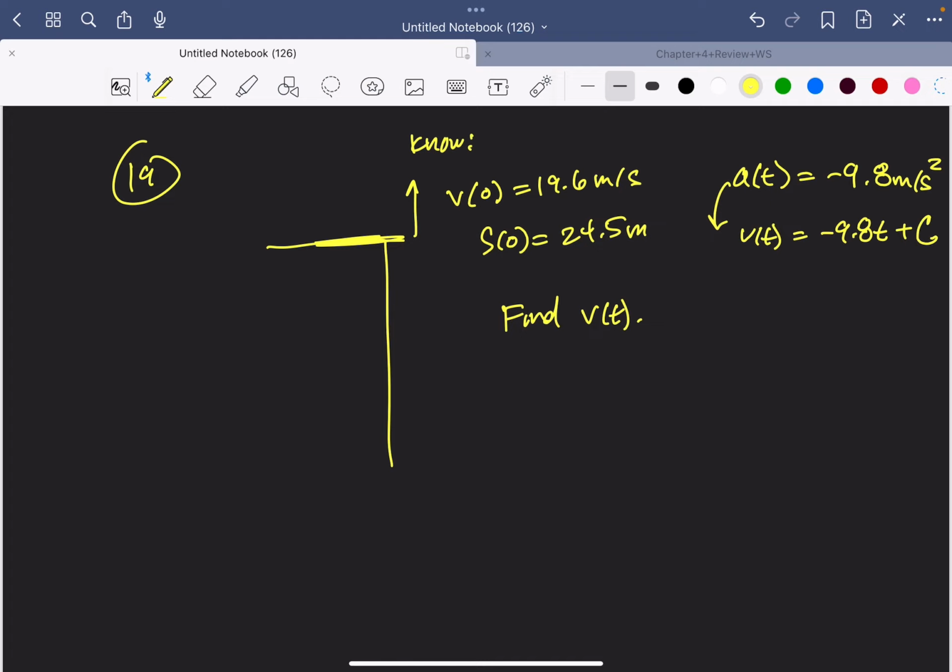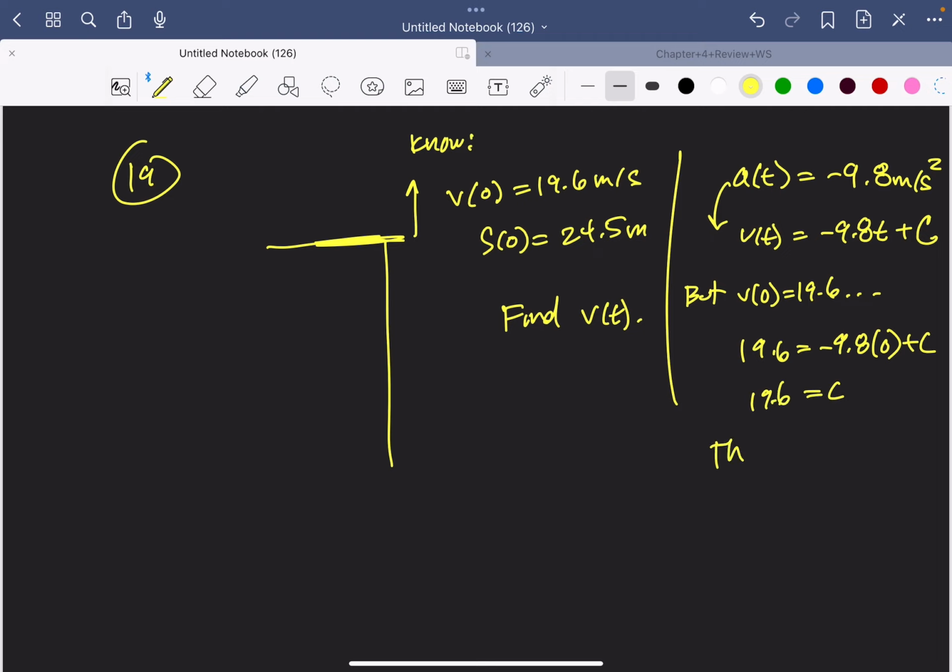But that constant is our initial velocity. You can see that by plugging in. You say, but V naught is equal to 19.6 means that 19.6 must be equal to negative 9.8 times 0 plus c. So that constant is just 19.6. So thus, the velocity is negative 9.8 t plus 19.6.